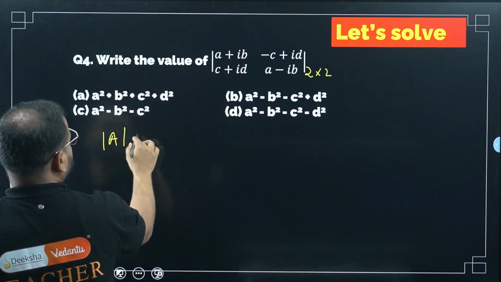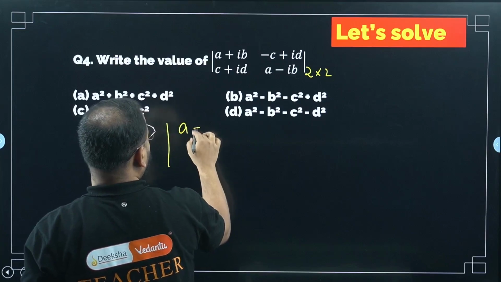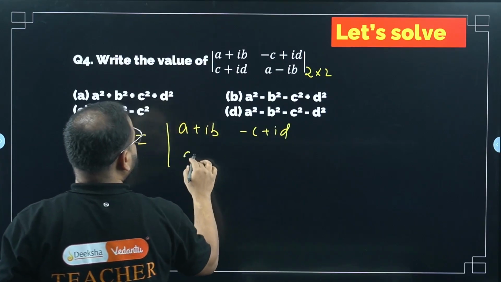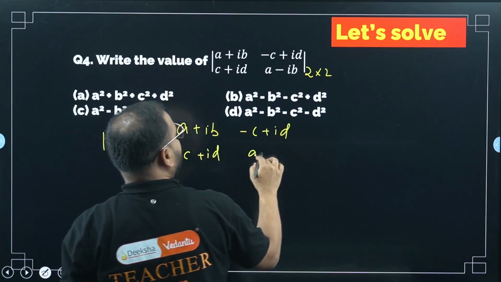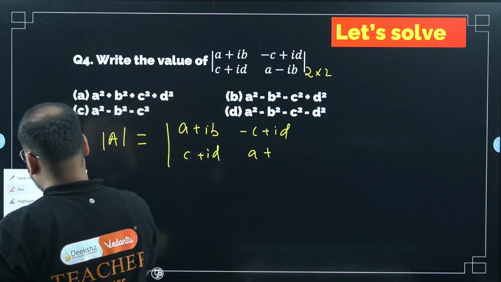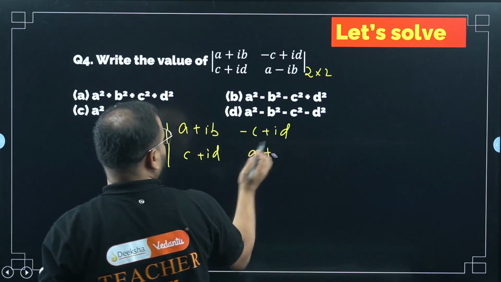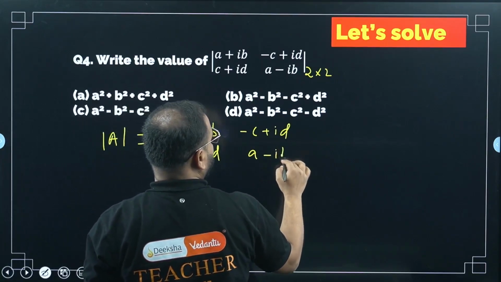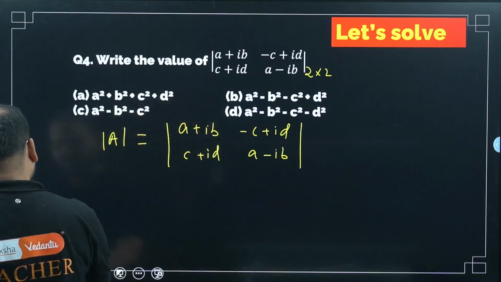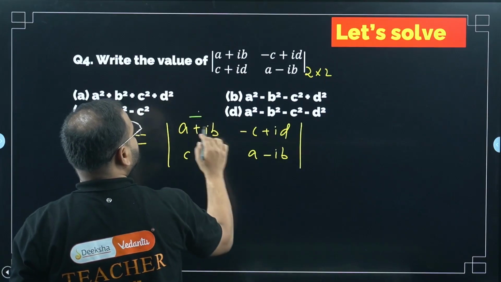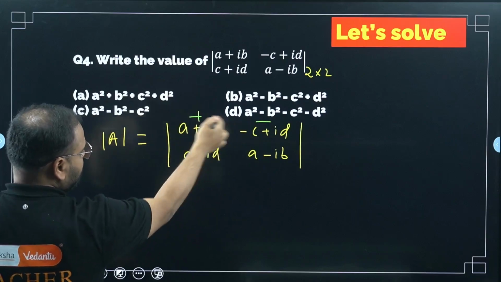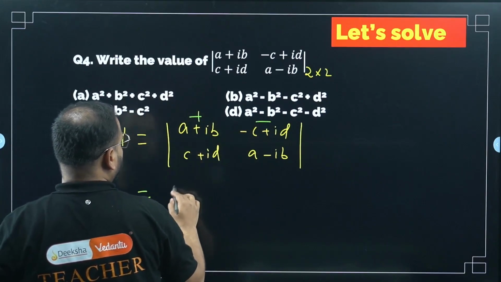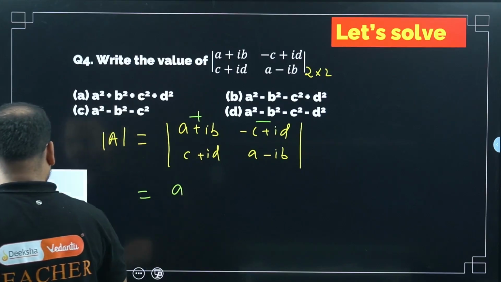So let's take this matrix to be A. Determinant of A equals a plus ib, minus c plus id, c plus id, and a minus ib. Sorry, it's a minus, my bad. What did we say? This is positive first of all, this is negative because the first term is 1 1, and this is 1 2, so negative. For 2 cross 2 we don't have to do anything.